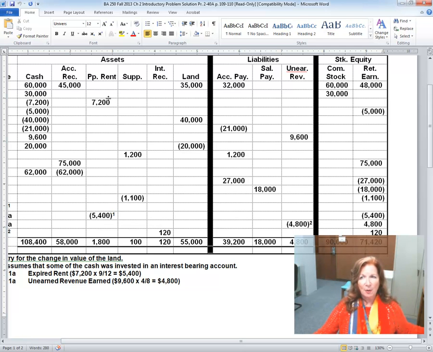It has both expense and asset in there, and we segregated the expense out and transferred it over to the income statement when we put it in the retained earnings column, and we left the 1,800 that's still an asset for next year in the asset account. So the answer is 5,400 is the amount of the expense.